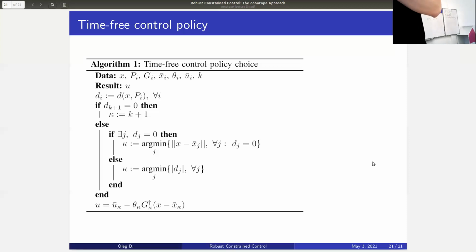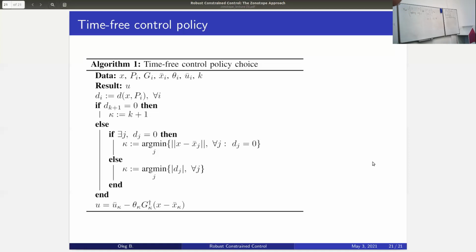And there are very easy algorithms to switch from time-dependent control to time-free control. You find where you are in state space, find the nearest Zonotope, and apply the policy of this Zonotope.